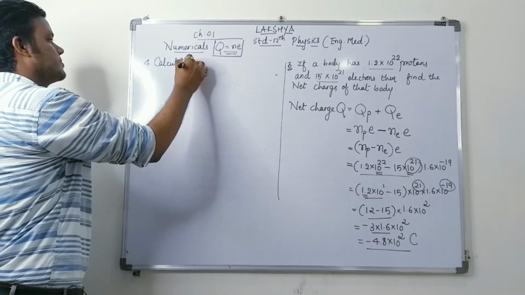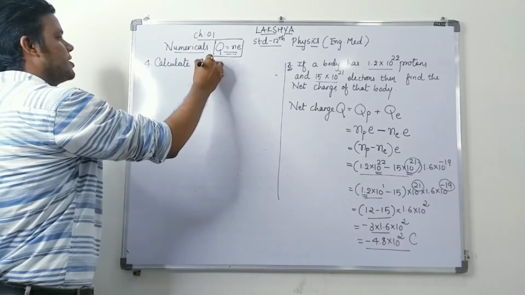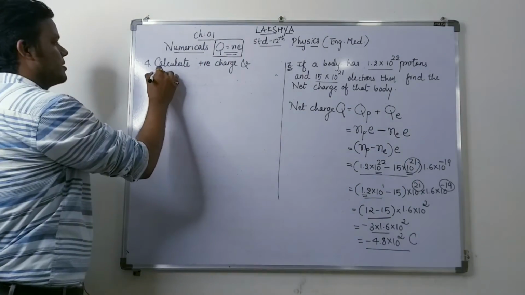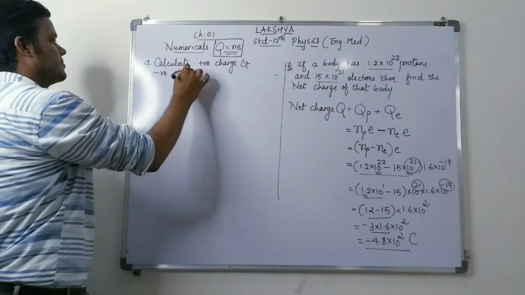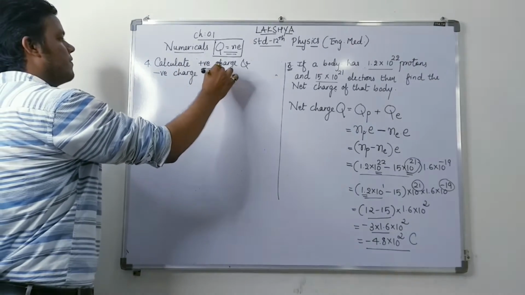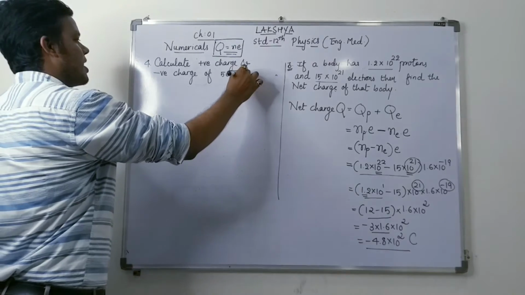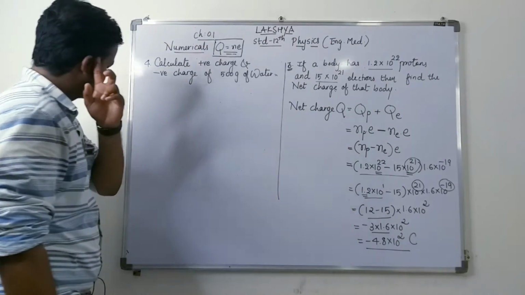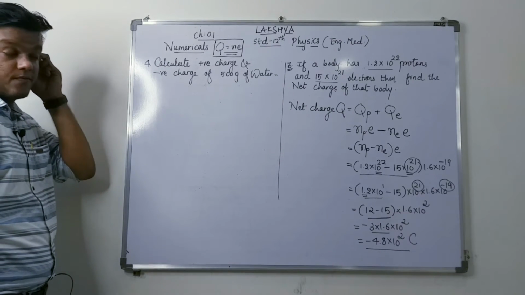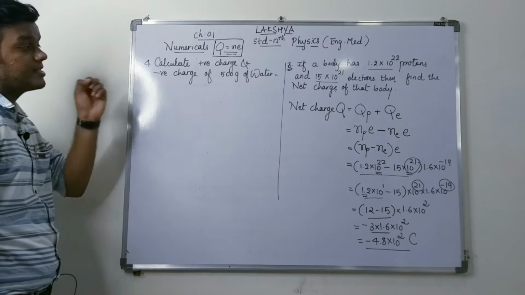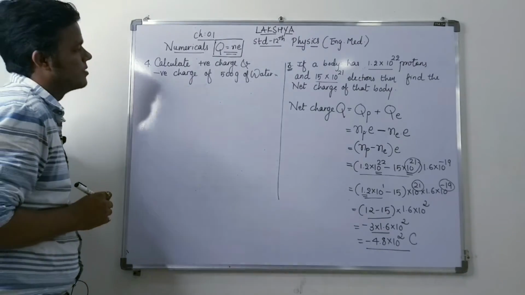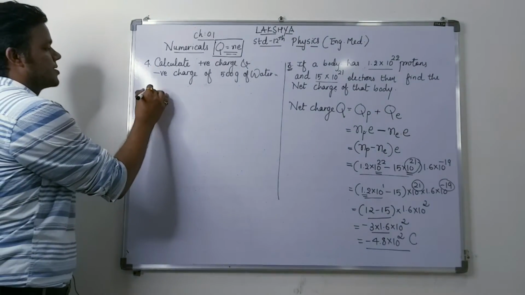Calculate the positive charge and negative charge of 500 gram of water. This is a question which you may have seen somewhere, or you have in your textbook as an example, right, as illustration.